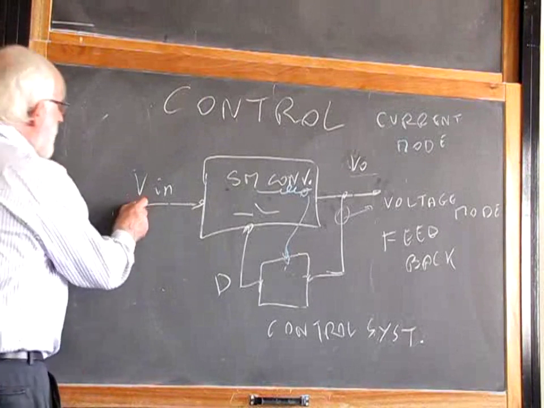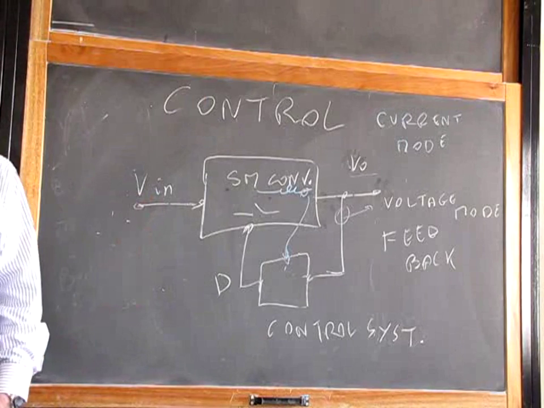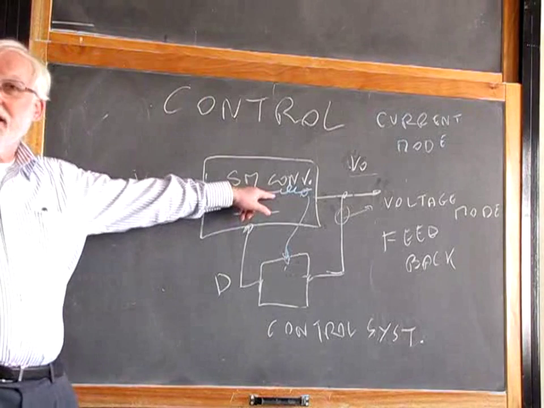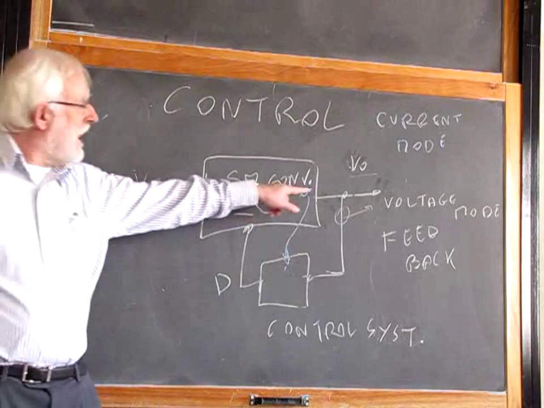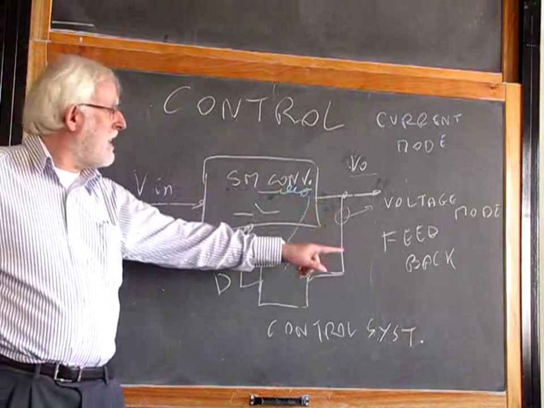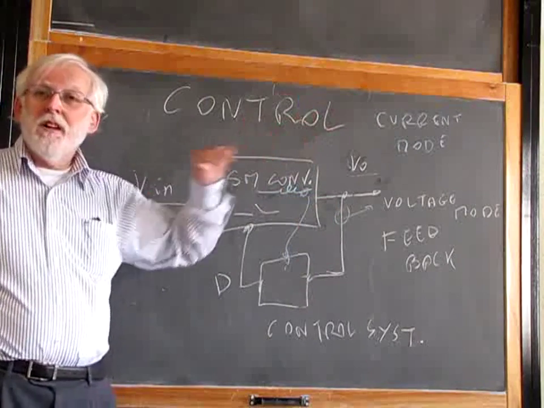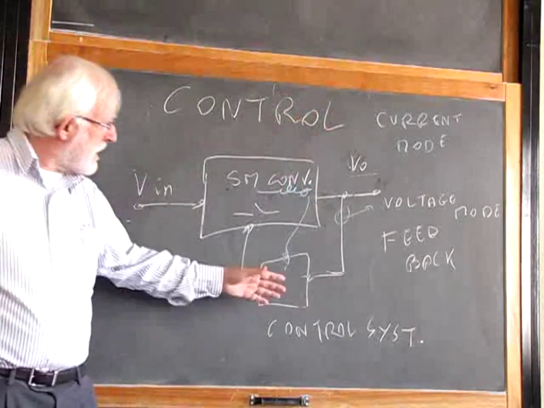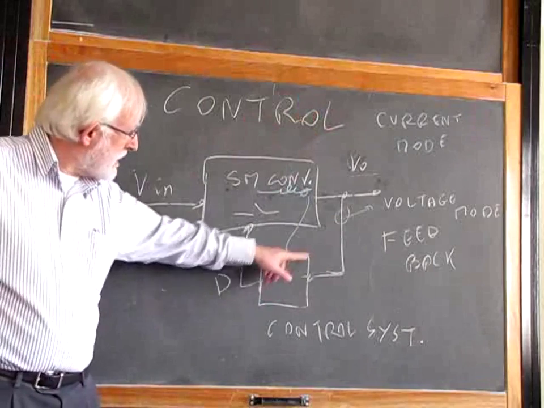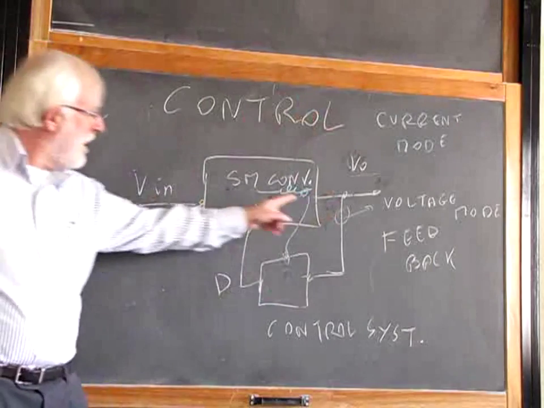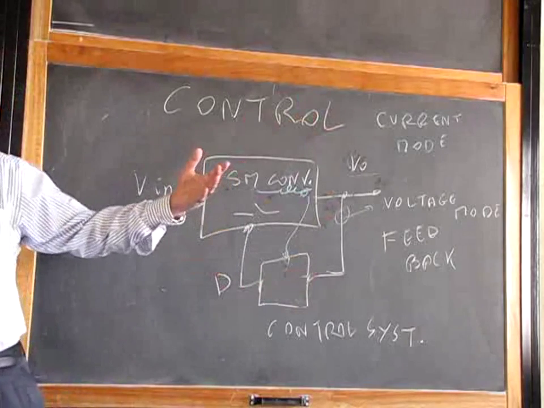Let's suppose that the input voltage changes. It happens. If the input voltage changes, this current value will change, the output voltage will change, and when I discover that the output voltage has changed, I say, oh, I have to take action, and if the output voltage is changing because the input voltage changed, I have to change the duty cycle to keep the output voltage constant.